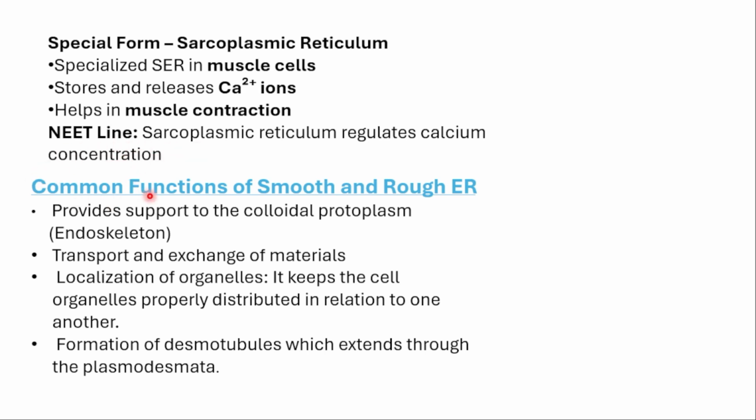So if I talk about smooth and rough, what is a common function? Separately we came to know smooth endoplasmic reticulum, lipid synthesis; rough endoplasmic reticulum, protein synthesis, isn't it? Similarly, which are the common functions? They provide support to the colloidal protoplasm, that is, endoskeleton. Endoskeleton in the sense what?